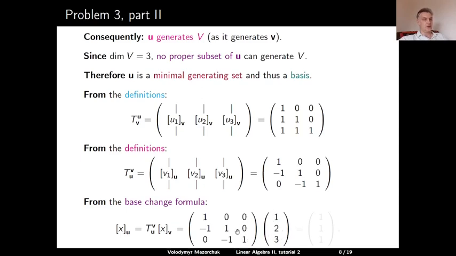We know from the formulation that the coordinates of x in V are 1, 2, 3. So we compute the product and we get 1 plus 0 plus 0, it's 1; minus 1 plus 2 plus 0, it's 1; 0 minus 2 plus 3, it's 1. So the answer is that the coordinates of x in the basis U are 1, 1, 1.